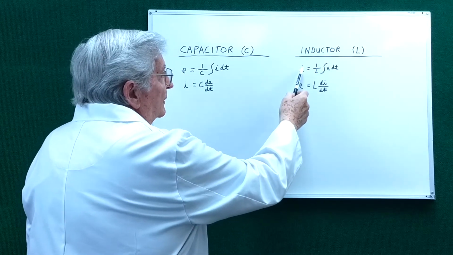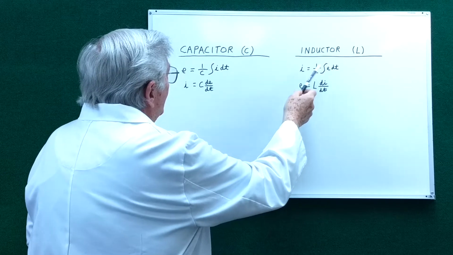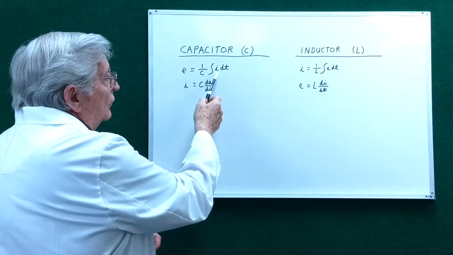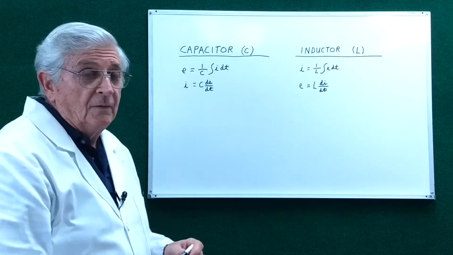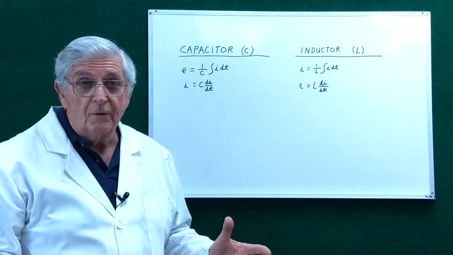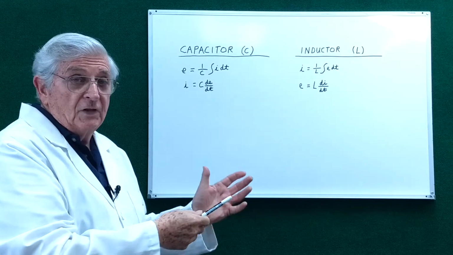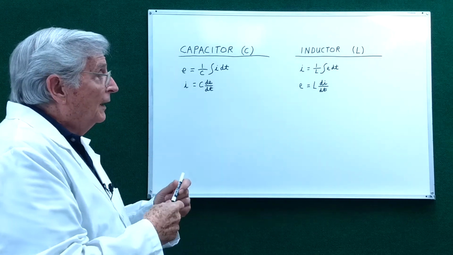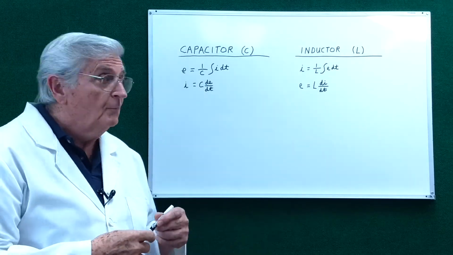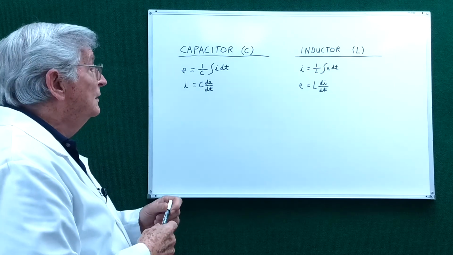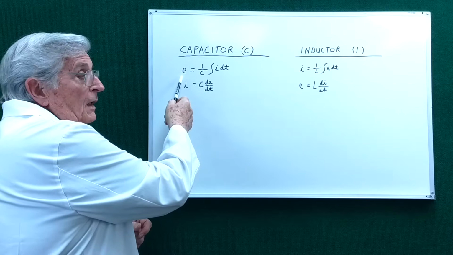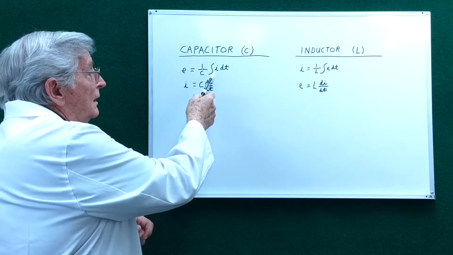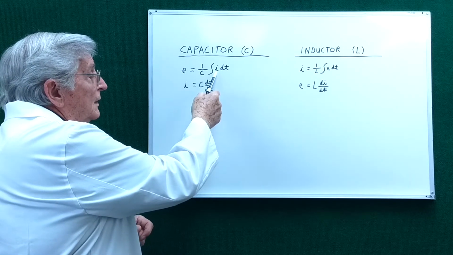But notice that the current and voltage are interchanged in these two equations. So they're the same form and they're kind of analogous, but voltage and current has been interchanged. Now these small symbols mean instantaneous voltage and instantaneous current.